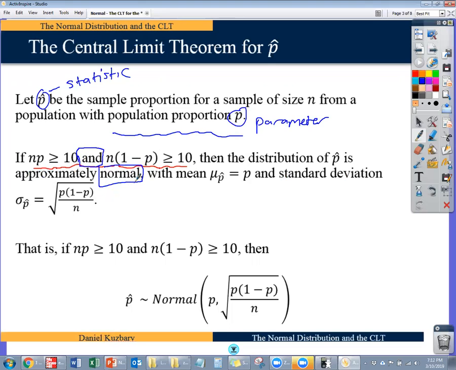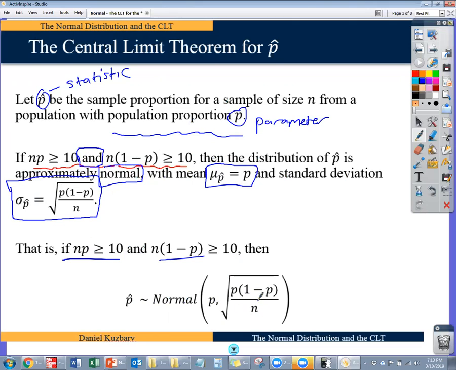We wouldn't have much to do if this wasn't normal. And another way to write that is like down here. So if this is true and that is true, then p hat's normal with mean this and standard deviation that.